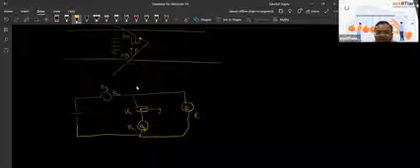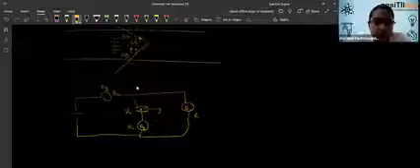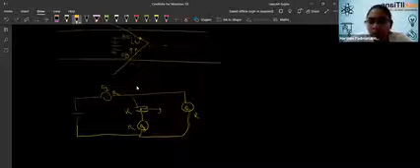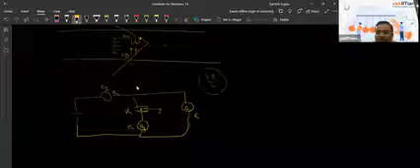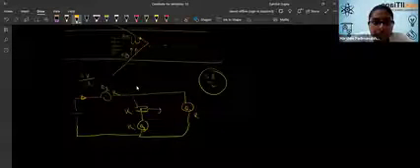So B2 and B3 resistance is R by 2, and this is in series, so the total resistance is 3R by 2. The current flowing is V divided by 3R by 2, so it is 2V divided by 3R.